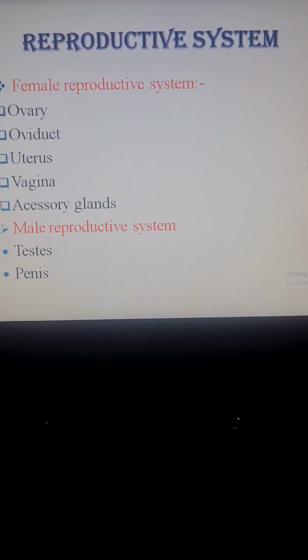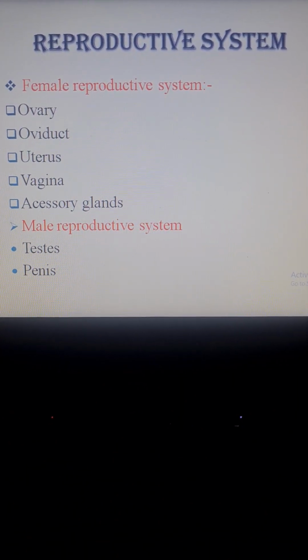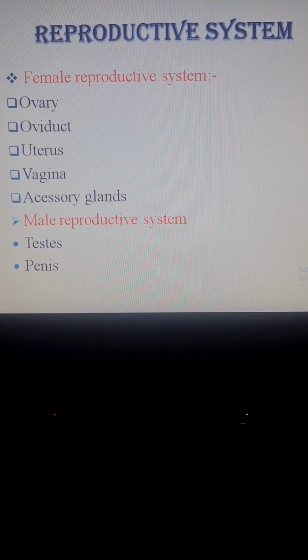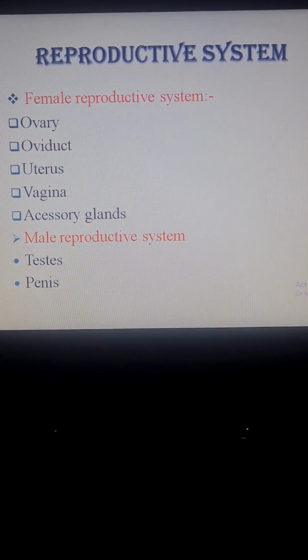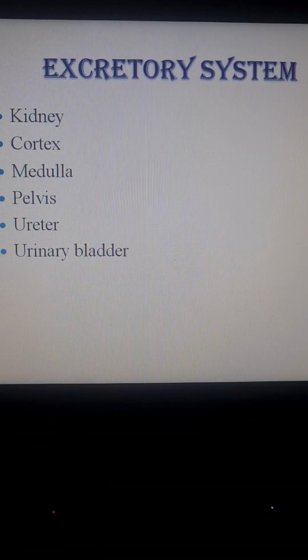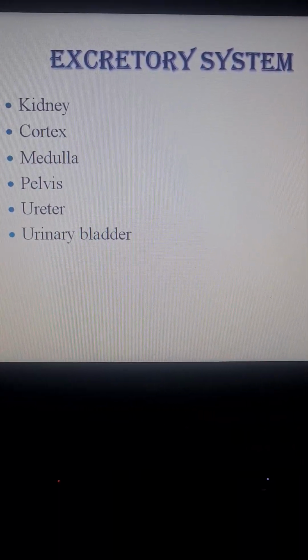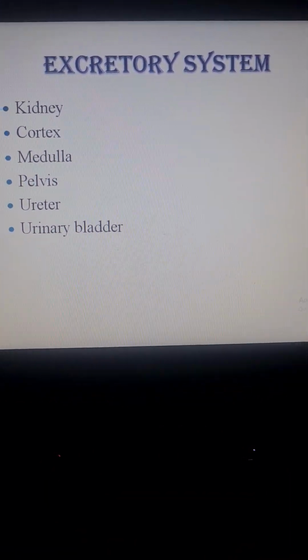As we discussed earlier, rabbits reproduce rapidly. In the reproductive system of the rabbit, the female reproductive system contains ovary, oviduct, uterus, vagina, and accessory glands, and the male reproductive system contains testes and penis. Excretory system of the rabbit: the excretory system contains kidney, cortex, medulla, pelvis, ureter, and urinary bladder.